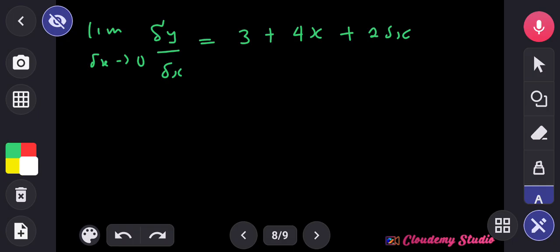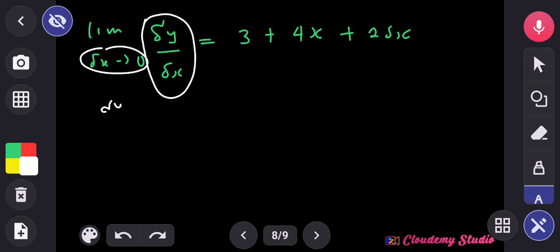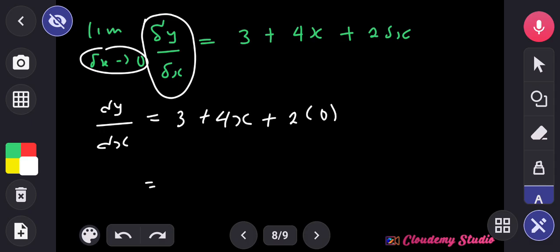But the limiting value of delta y upon delta x as delta x tends to 0 equals dy upon dx. Equals 3 plus 4x plus 2 multiplied by 0. And that will be equals to 3 plus 4x plus 0, which is equals to 3 plus 4x.